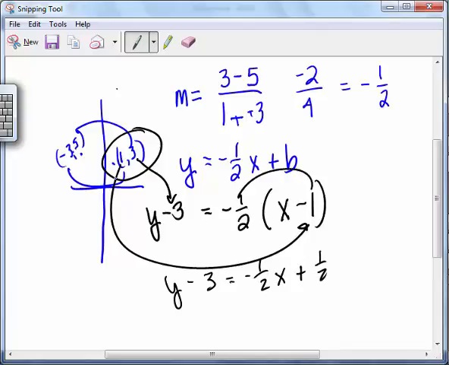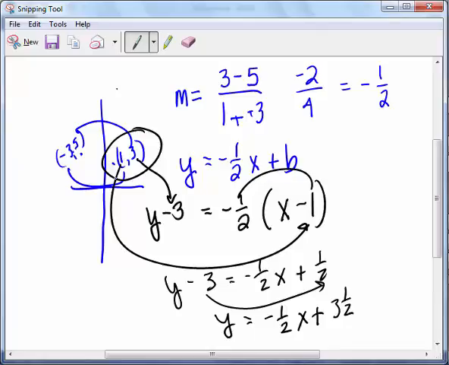Negative times a negative is a positive. Put the 3 over on the other side, so y equals negative 1/2 x plus 3.5. I don't know how the book wants you to do it. It'd be interesting to see.